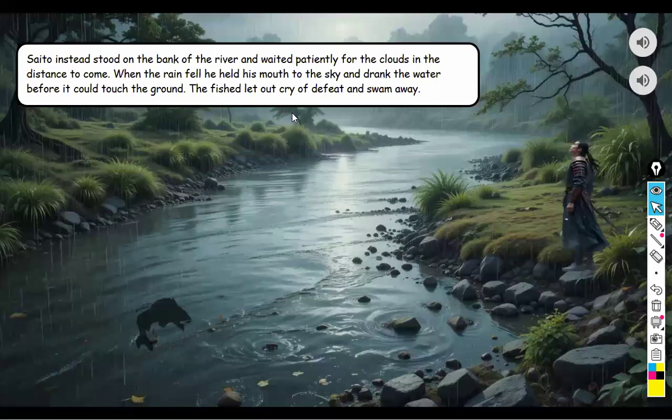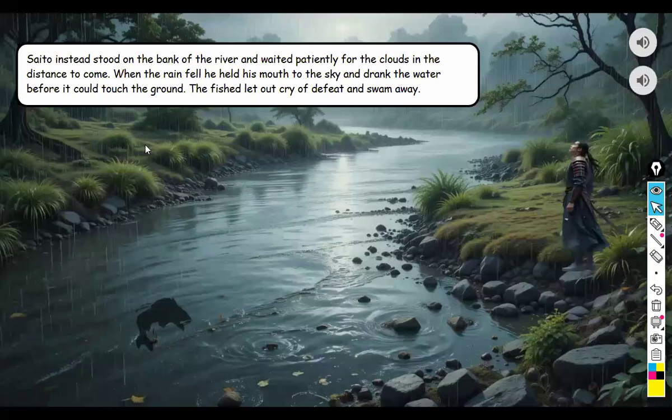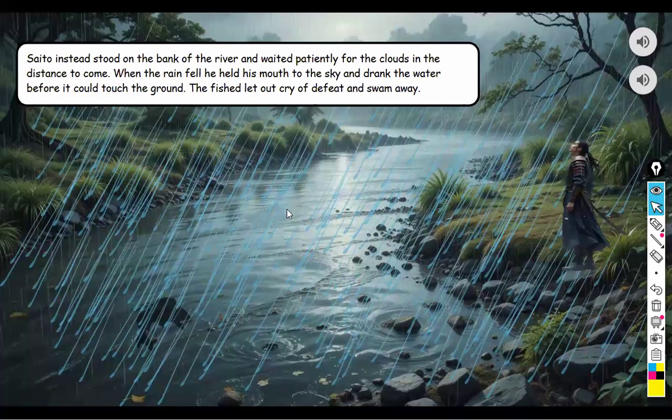But Saito is smart. Look at what he does, right? He waits for rain to fall instead. So technically, before the rain hits the island, it doesn't belong to the island as yet. So he can drink the water in safety, right?